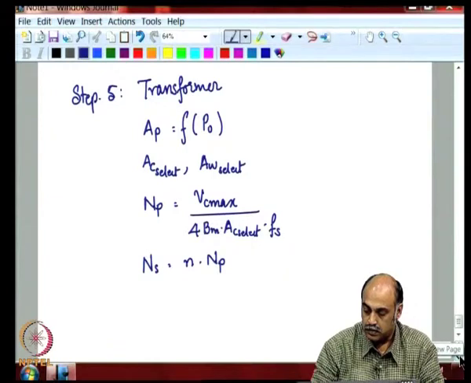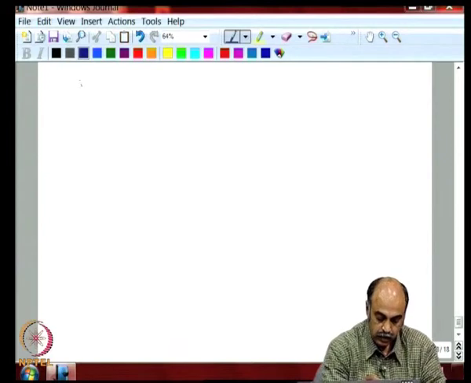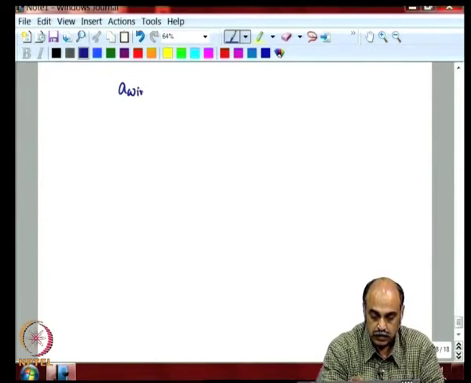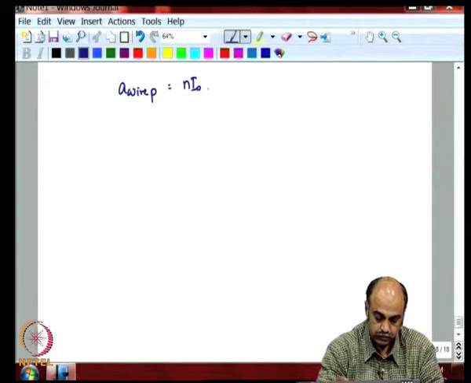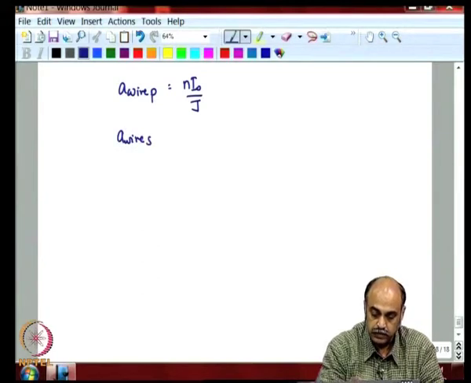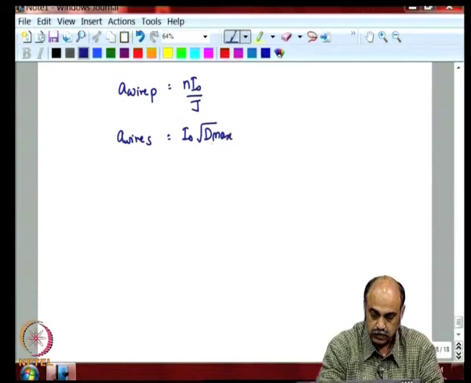So, you can calculate the windings, and after you have calculated the windings, you need to calculate the A wire cross section of the primary, which is, let us say, n I naught by j, and a wire cross section of the secondary, which is nothing but I naught square root of d max by j.